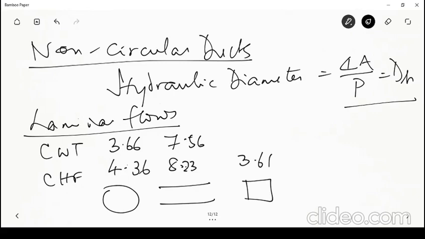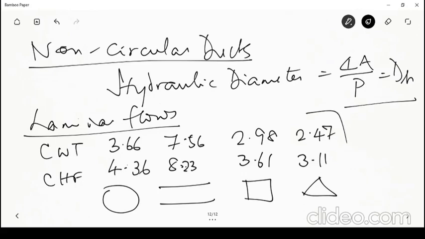This is always slightly higher than the constant wall temperature case, 2.98. And if it's an equilateral triangle duct, then it would be 3.11 for constant wall flux and 2.47 for constant wall temperature.